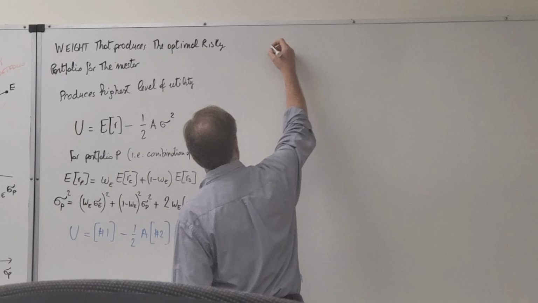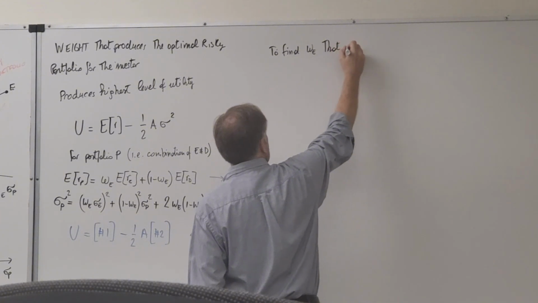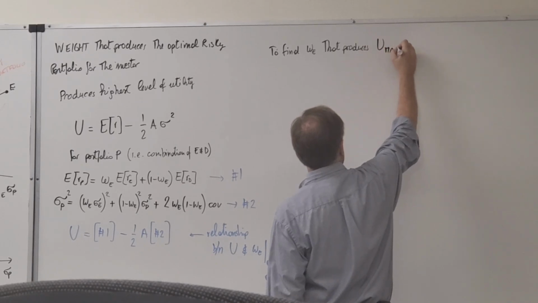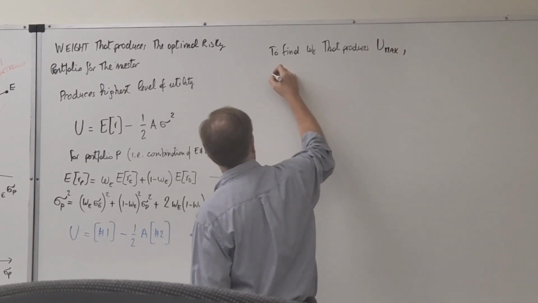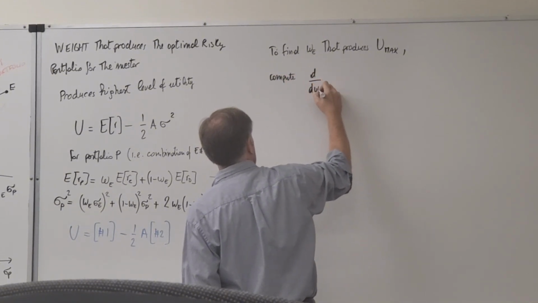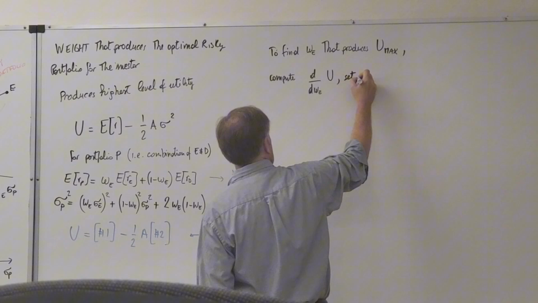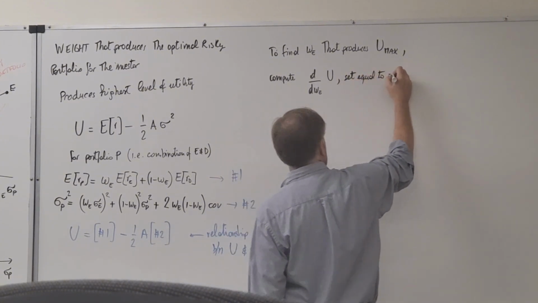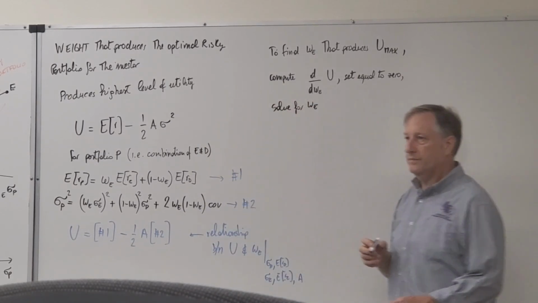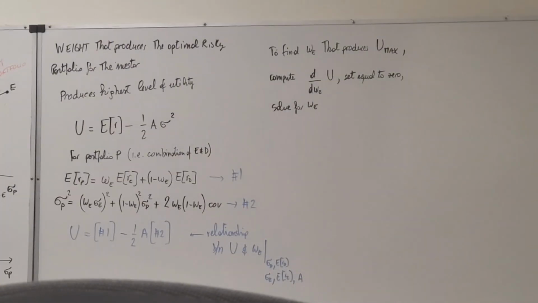So to find the weight of equity that produces U max, take the derivative of U, set it equal to 0, and solve for W. We're not going to do it because I don't want to spend half an hour taking derivatives and doing algebra, but this is pretty much the process.